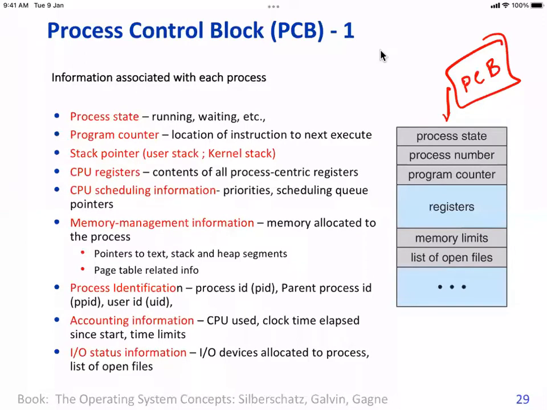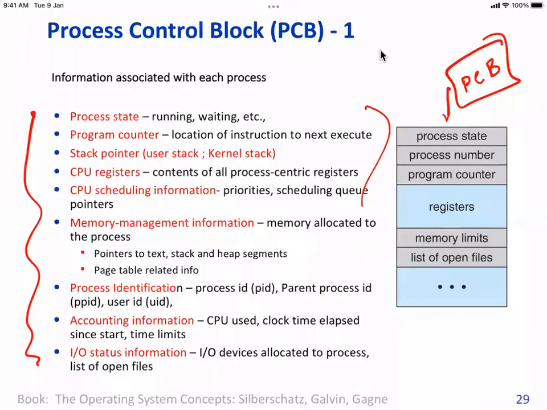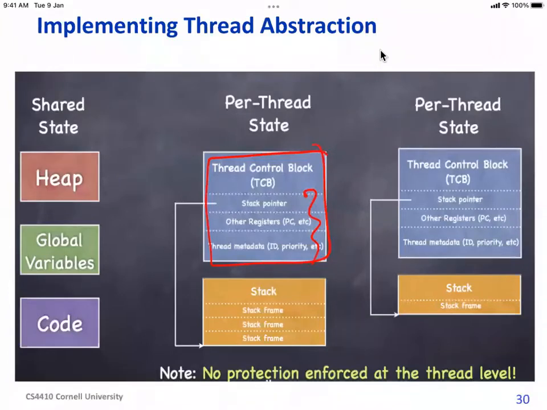Linux uses a different name. Then we have seen what all is saved in PCB. Similarly, there is a thread control block, which will have some of those things mentioned for process, mainly stack pointer, registers, PC, etc., and thread metadata.